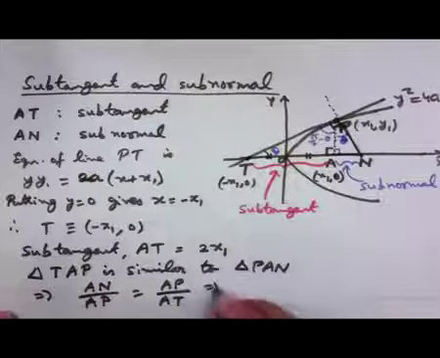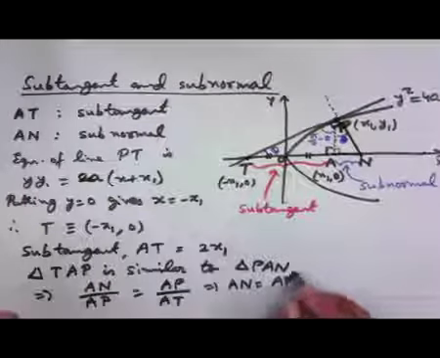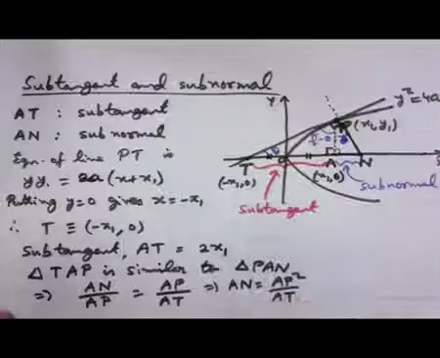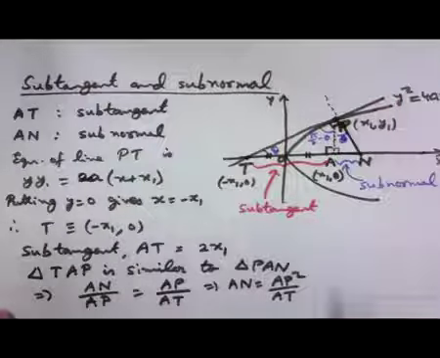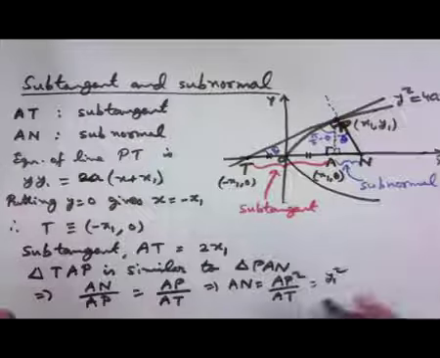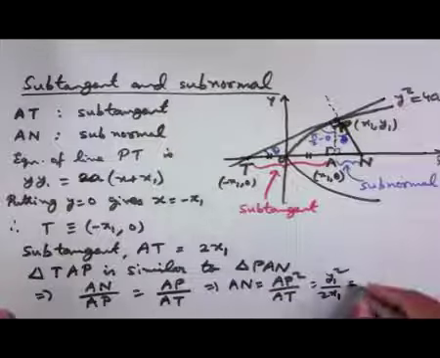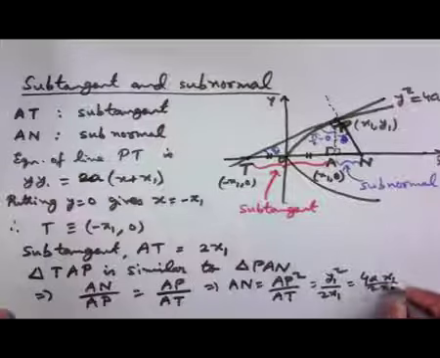So, this implies A N equal to A P square by A T. But what is the length A P? A P is nothing but y 1, this is y 1 square by A T is 2 x 1, but y 1 square is 4 a x 1 divided by 2 x 1.